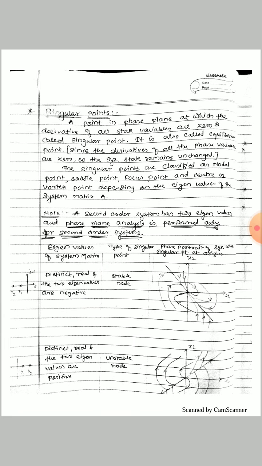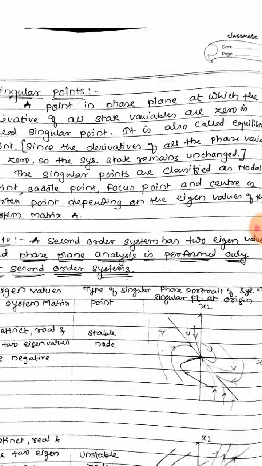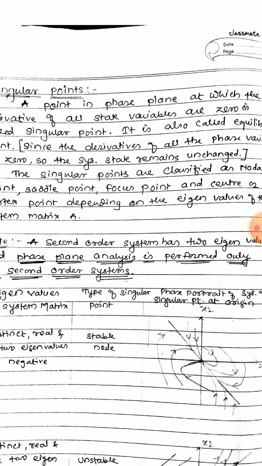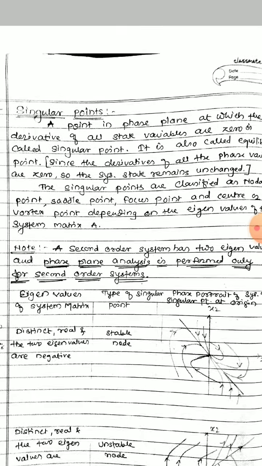So, before starting the singular points, you should be aware of what is the phase plane analysis, what are the phase variables, and what is meant by phase portrait. So all these things should be known. Now let us see what is meant by a singular point.